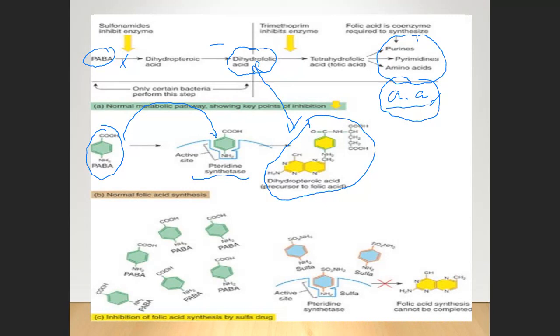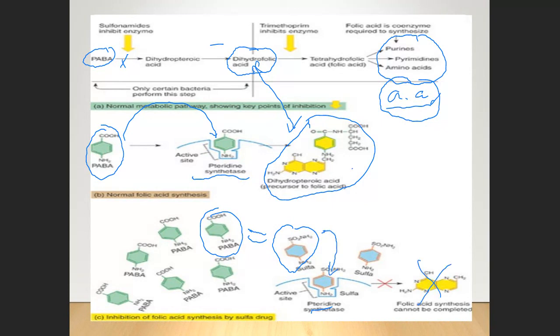Now, when the sulfa drug comes, this is the sulfa drug. If you see, the sulfa drug is very similar to the substrate over here. It's kind of similar, right? That's the reason why this sulfa drug competes with the substrate to bind to the enzyme. When the sulfa drug binds to the enzyme, there will be no intermediate product.